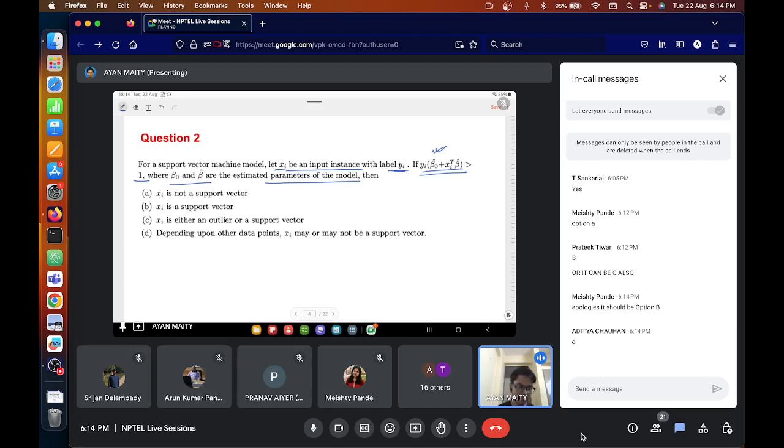Mishti Pandya has written it should be option B, so she changed her answer from A to B. Aditya Chauhan has written D, so I got all 4 options in the chat: A, B, C, D.